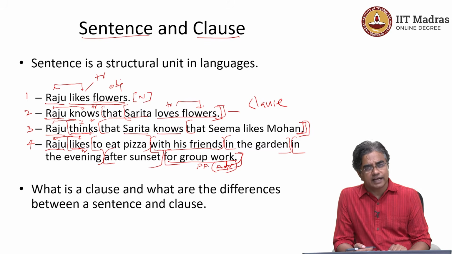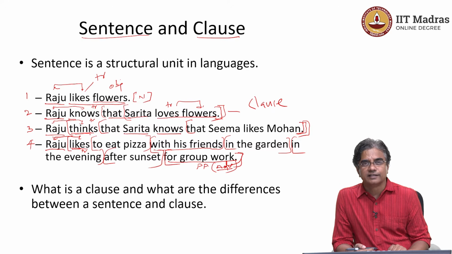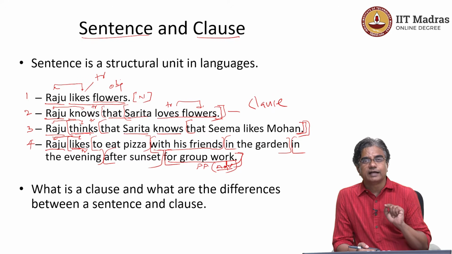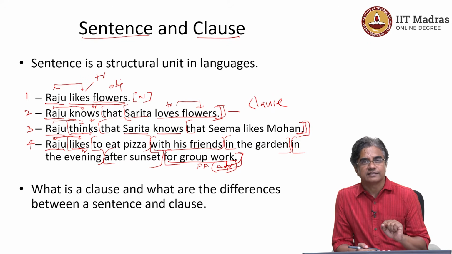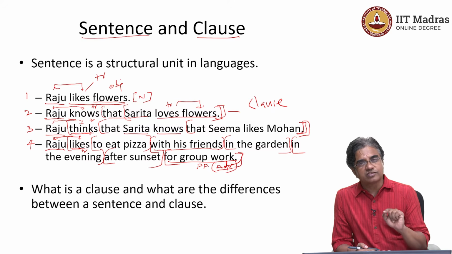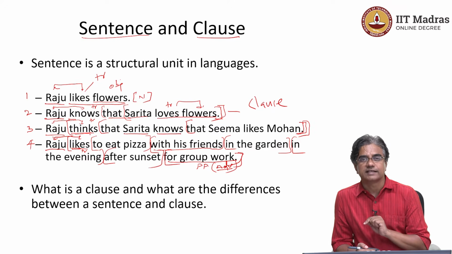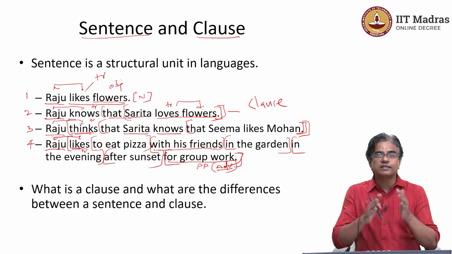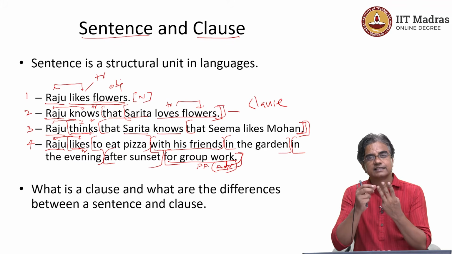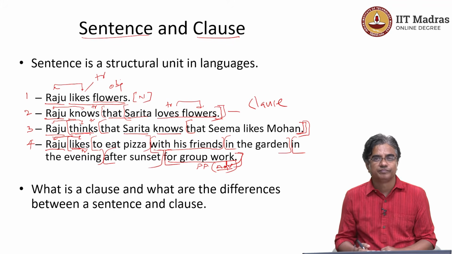But at the end of it, the simplicity lies in the fact that even a complex sentence, structurally speaking, is like a simple sentence, because even the complex sentence has only three things: subject, verb and object.